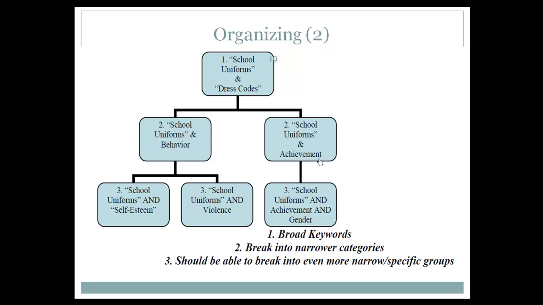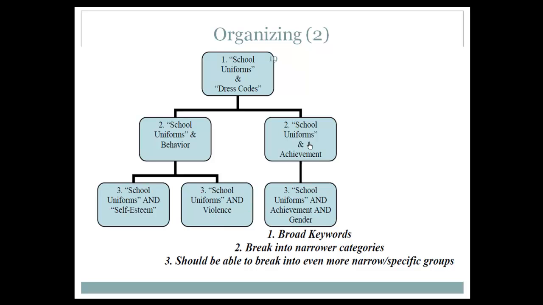Under the first area at the second level, in relation to uniforms and behavior, there's some literature on how it affects students' self-esteem. And then there's some literature on how it impacts, or hopefully decreases, violence in schools.